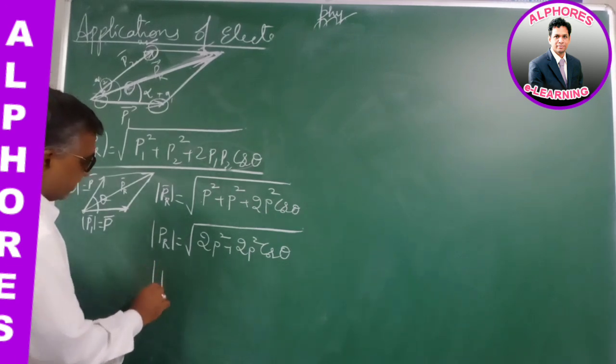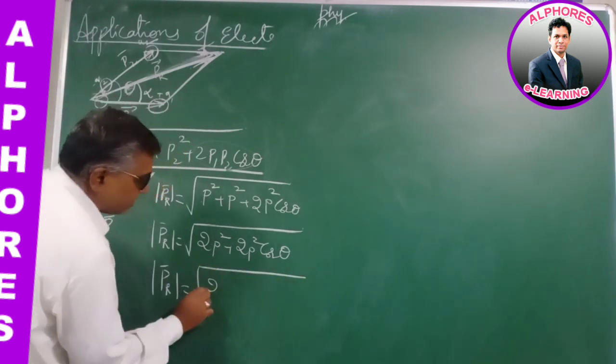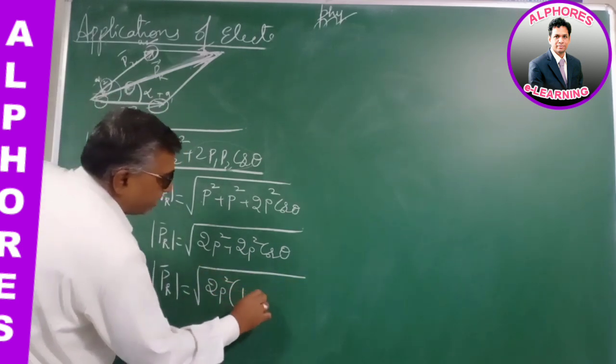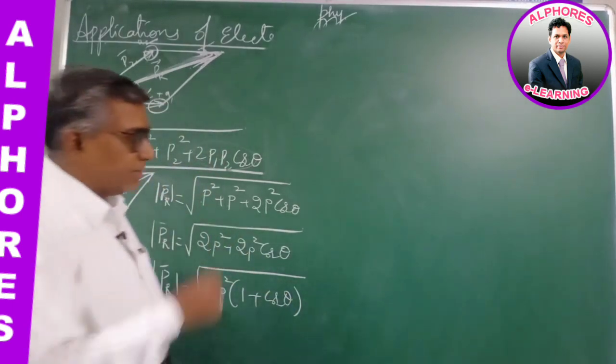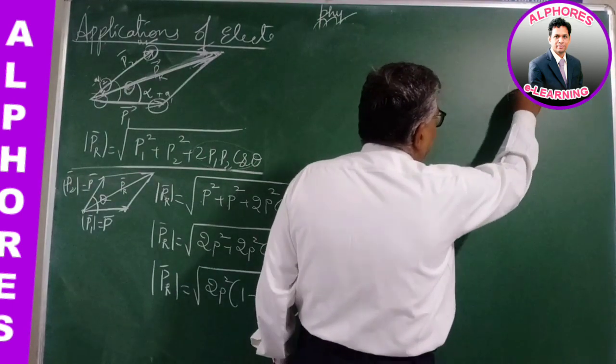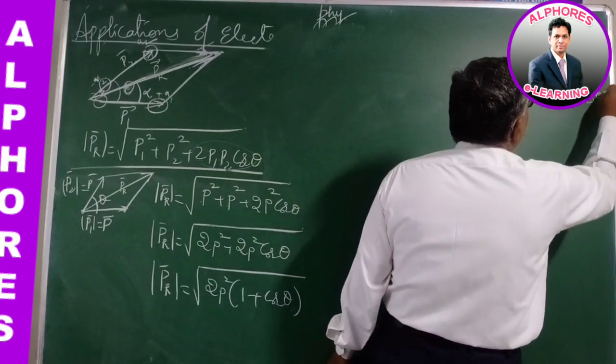So the magnitude of the resultant dipole moment is root of 2P square common, 1 plus cos theta. According to trigonometry, we know 1 plus cos theta is 2 cos square theta by 2.